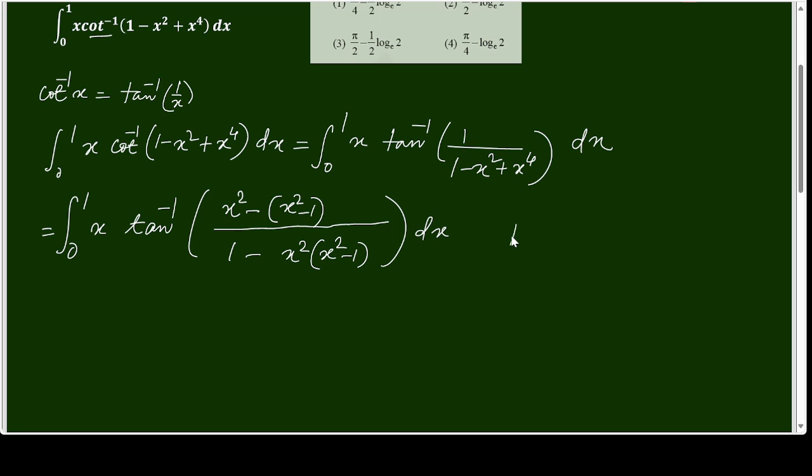Next I'll apply the formula tan inverse (a minus b over 1 plus ab) is nothing but tan inverse a minus tan inverse b. So x square will be a and x square minus 1 will be b. So this will be split into two terms: one is tan inverse x square, minus tan inverse of (x square minus 1).